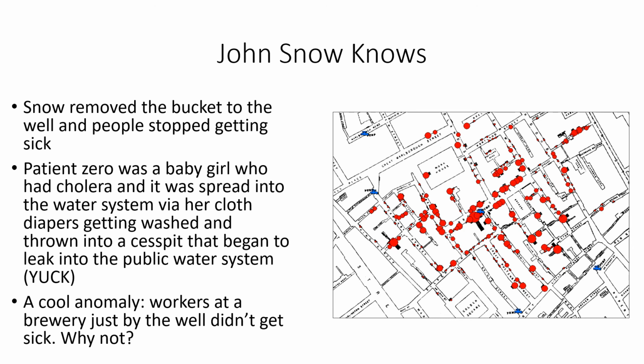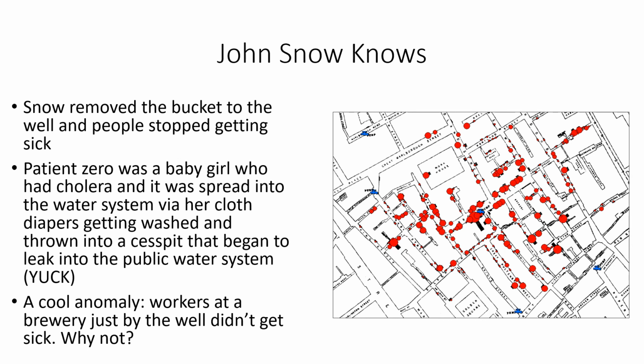Kind of a cool anomaly that was noted is that there was a brewery just by the well where there was little to no incidence of cholera. And if we were in class, of course, I would ask you guys what you thought of this, and if you thought that maybe this was just a unique condition or something like that.